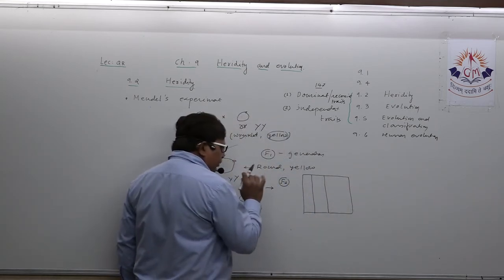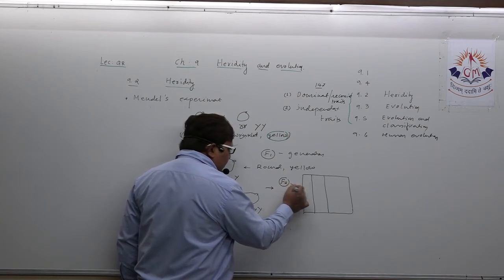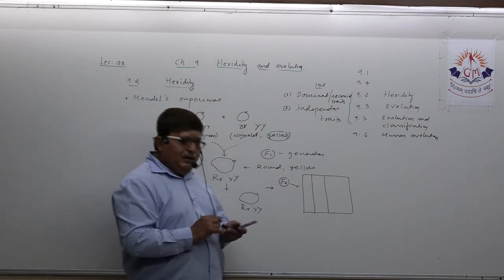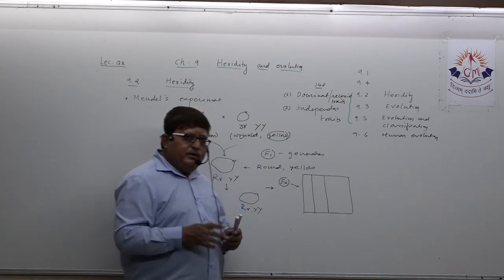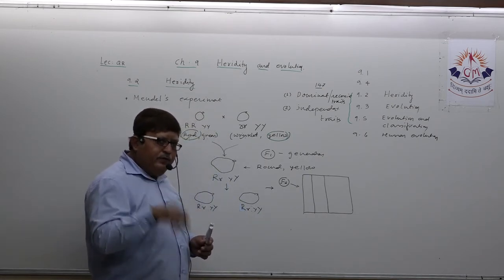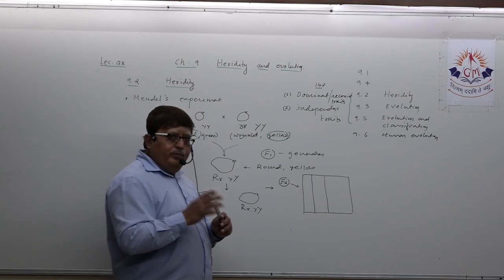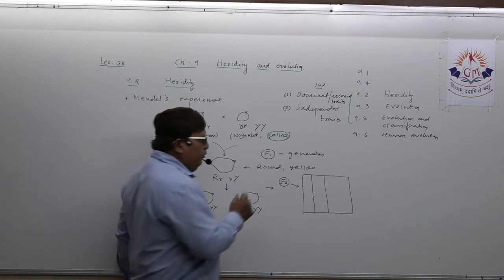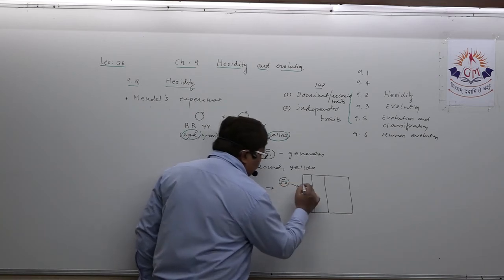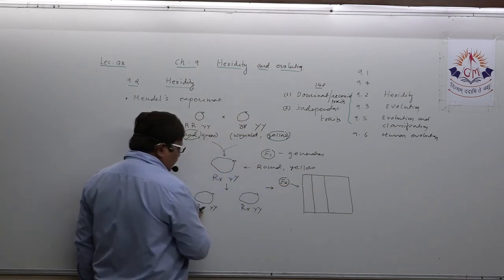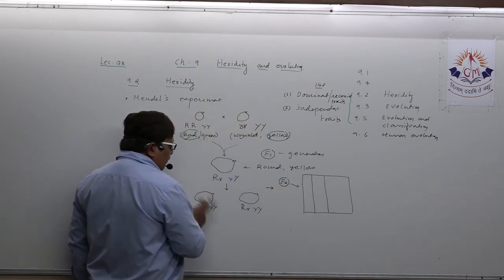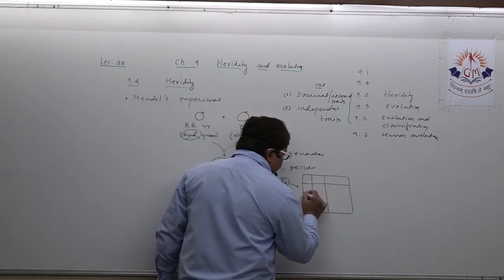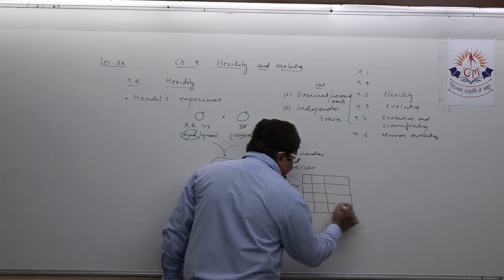Try to remember, dear student, why I am targeting this specific topic: my experience says that students find it more difficult to create those genetic makeups. So first, understand, there are four combinations: R, small r, capital Y and small y. Please try to understand it.